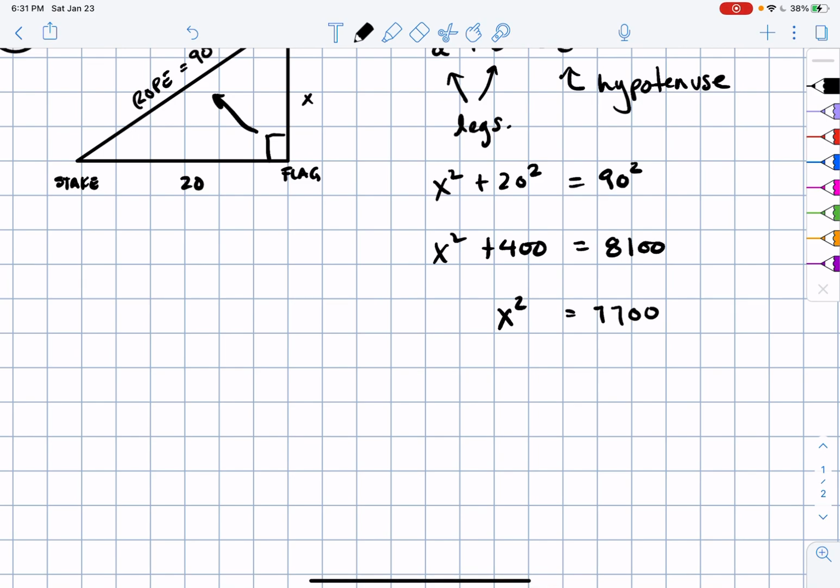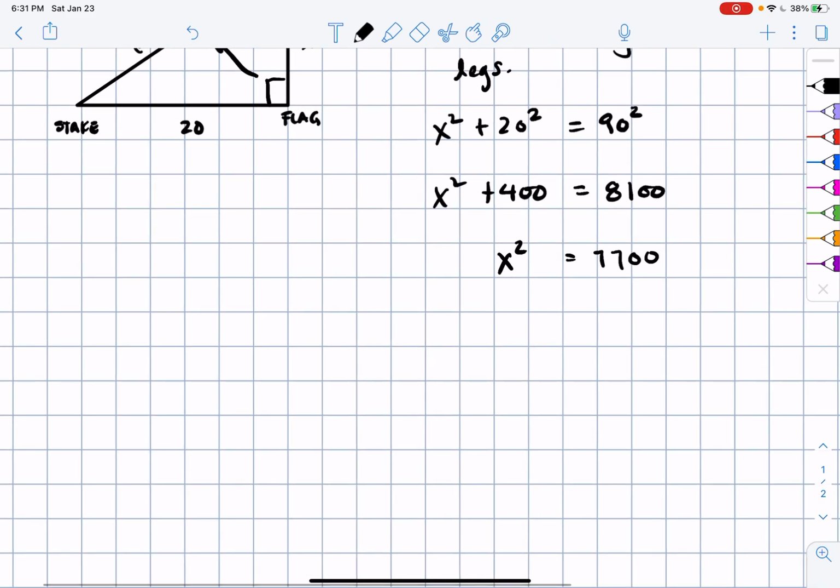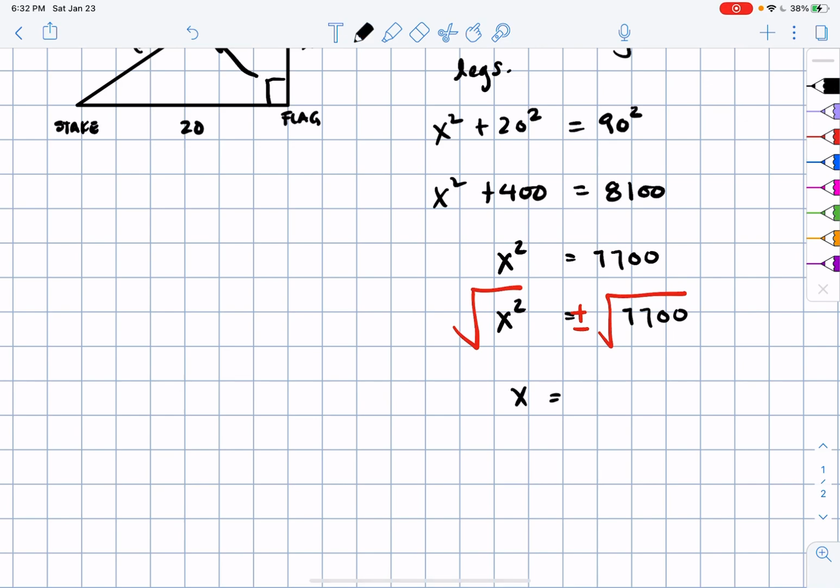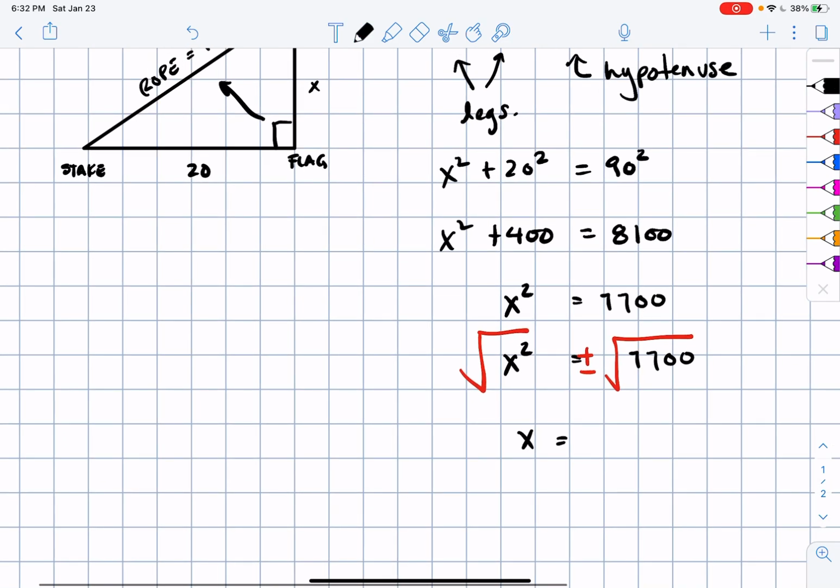With the square root method, I have to take the square root of both sides. However, I have to be careful. I need to have that plus and minus. So x is going to equal, now because I'm talking about a length, the negative will get rejected.